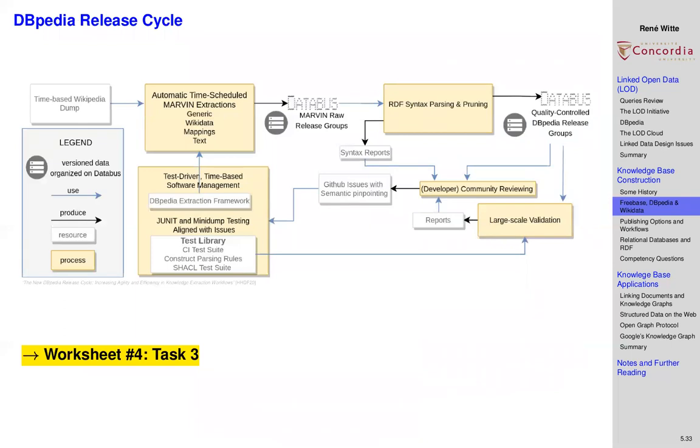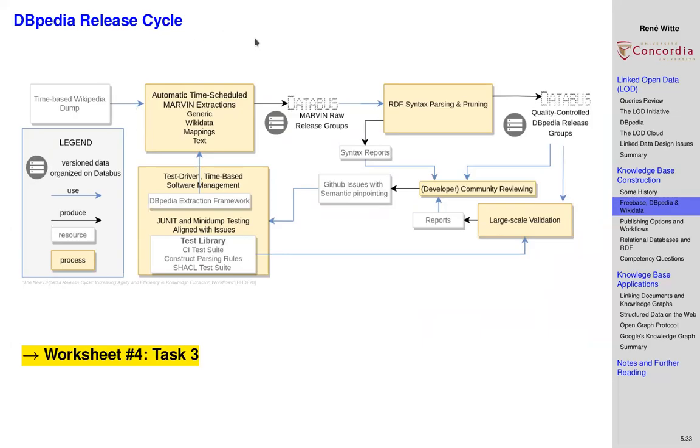So how does DBpedia work? Again, this changed and improved over the years, but the core idea is that they start from a dump of Wikipedia. Now you can download the complete sets of Wikipedia in different languages as a huge data file.